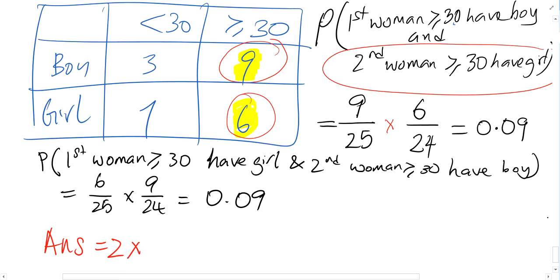First case, woman more than 30 years old with a boy, 9 over 25. Second woman, more than 30 years old, have a girl, multiply by 6 over 24. Answer 0.18. Can be in red.